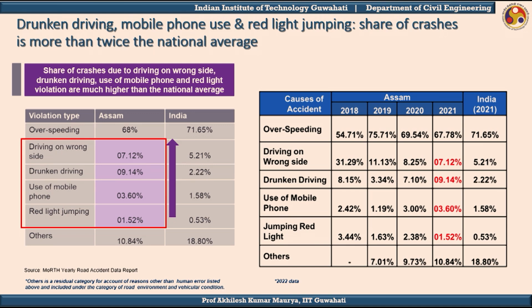Another major difference is that driving on the wrong side and drunken driving are much higher than the national average. That is another concern for this state, that we need to control drunken driving cases in order to reduce the number of accidents.